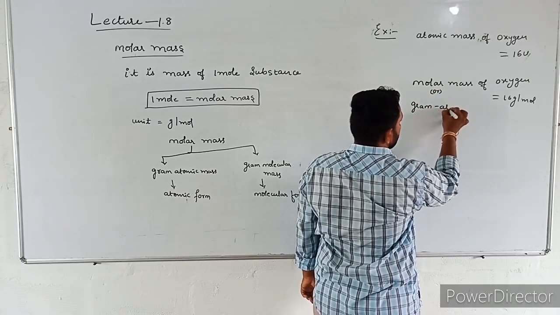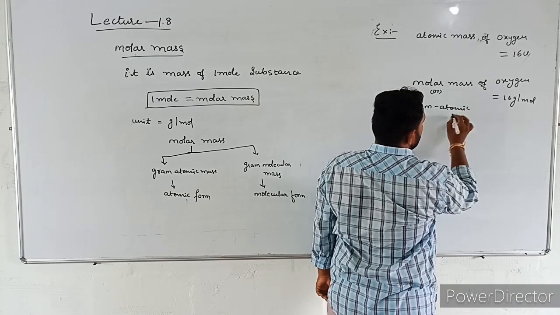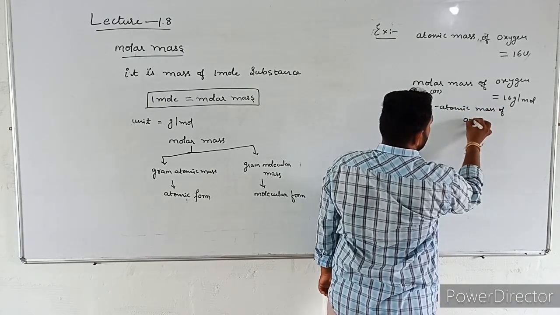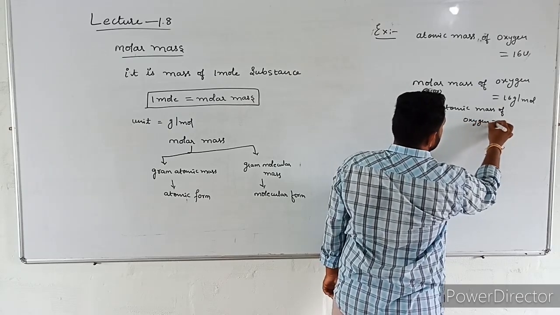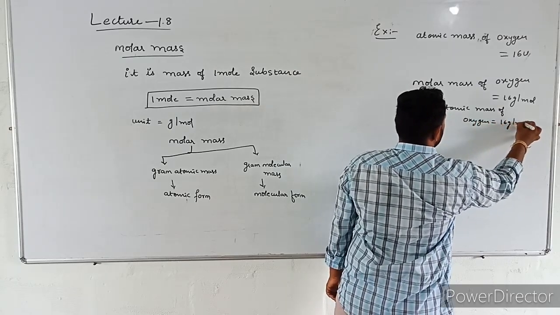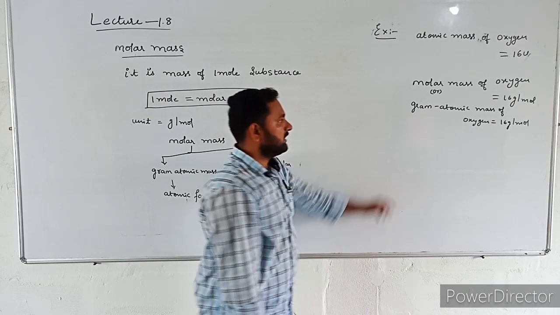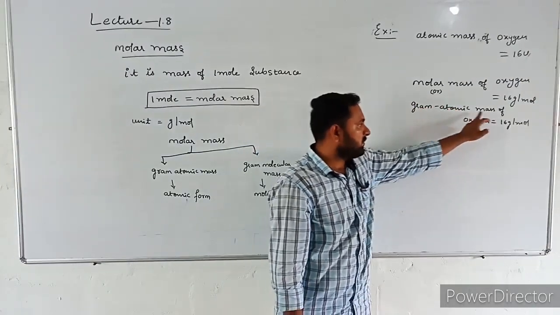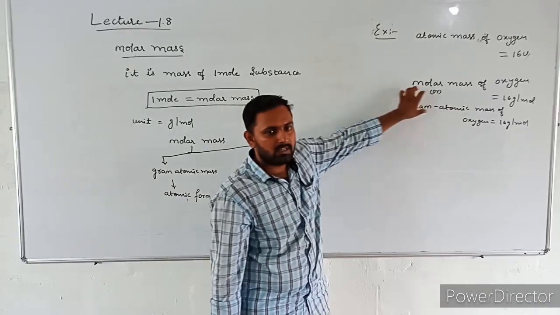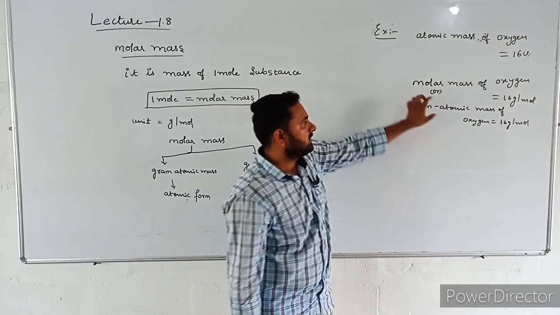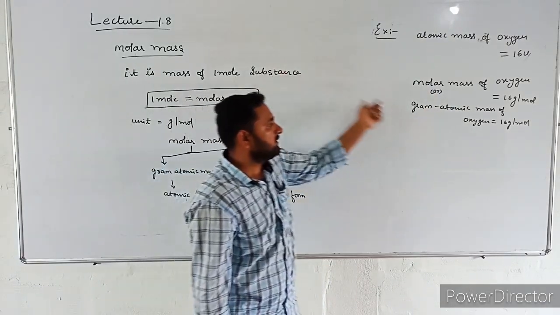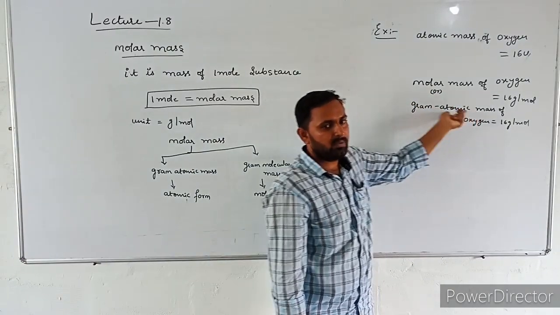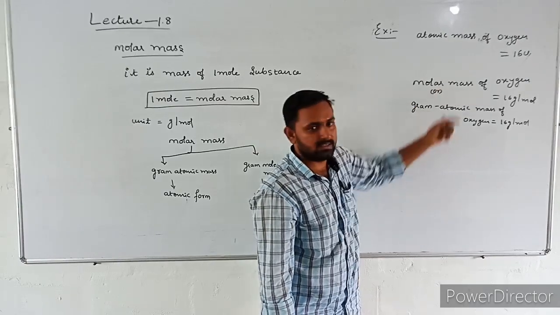The gram atomic mass of oxygen is also 16 gram per mole. Both are the same. If the substance is an atom, instead of molar mass we use gram atomic mass, or you can call it molar mass also.